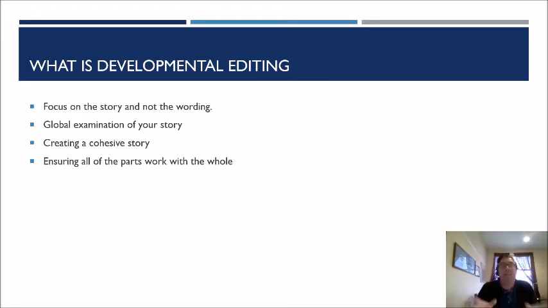At some level, think of developmental editing as preparing a Thanksgiving dinner, right? We're not just focusing on the turkey. We want to make sure that the turkey, the dressing, the green bean casserole, the jello with stuff in it, whatever you might have, all of it works together in a unified fashion.